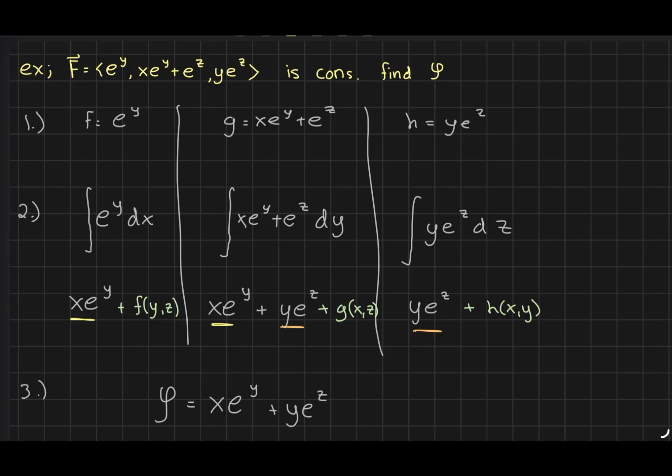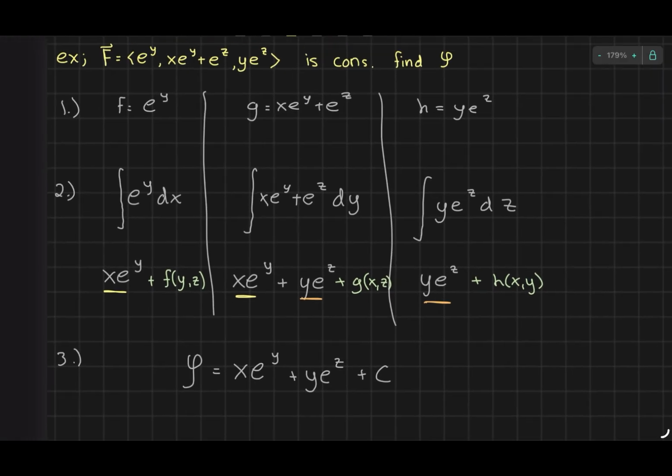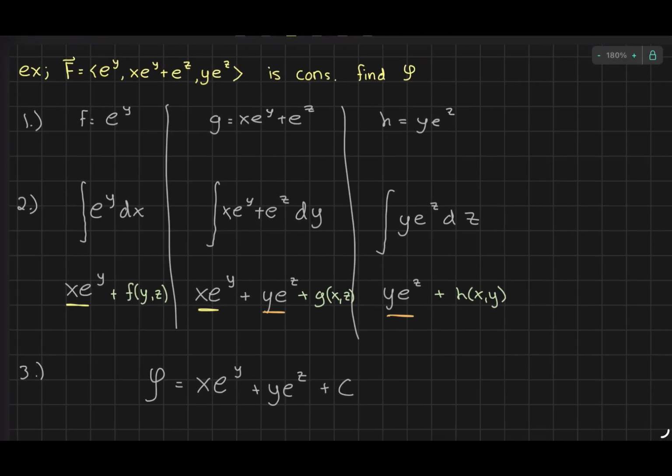Overcomplicating it perhaps, but essentially what I'm saying is the constant of integration doesn't technically matter here, and if we did want to, we would just write a plus c there, but it technically doesn't really matter, because any constant of integration that there might have been, any function in different variables other than the one that we took a partial in originally for our del phi, is going to be picked up by the other integrands.